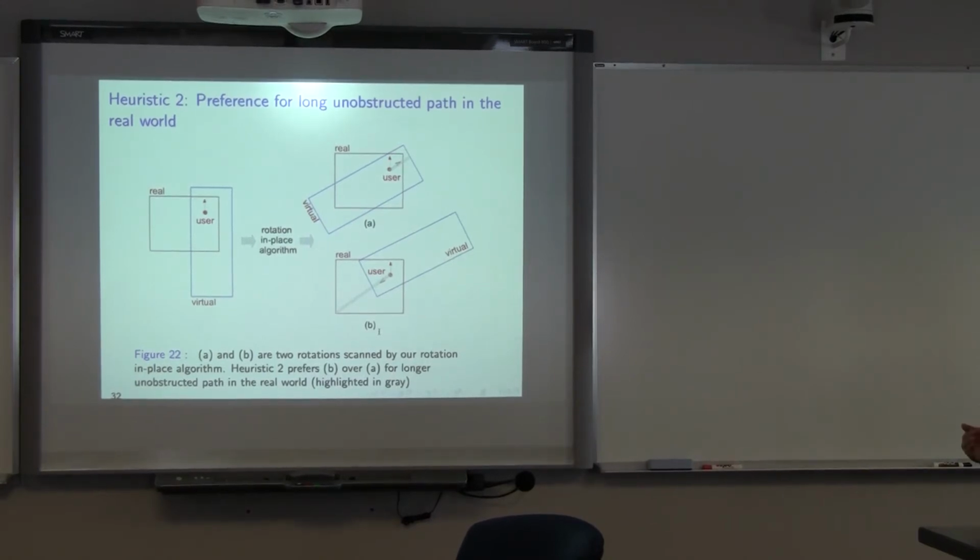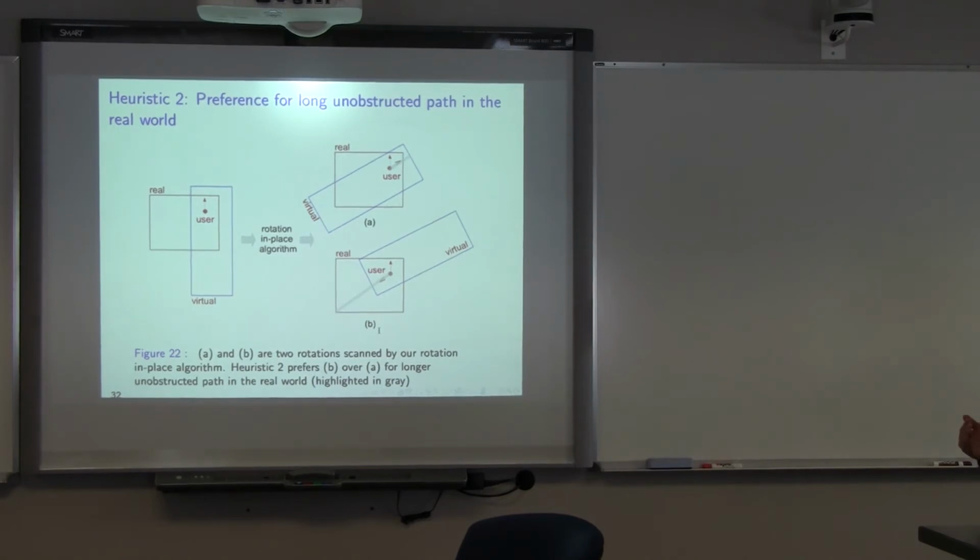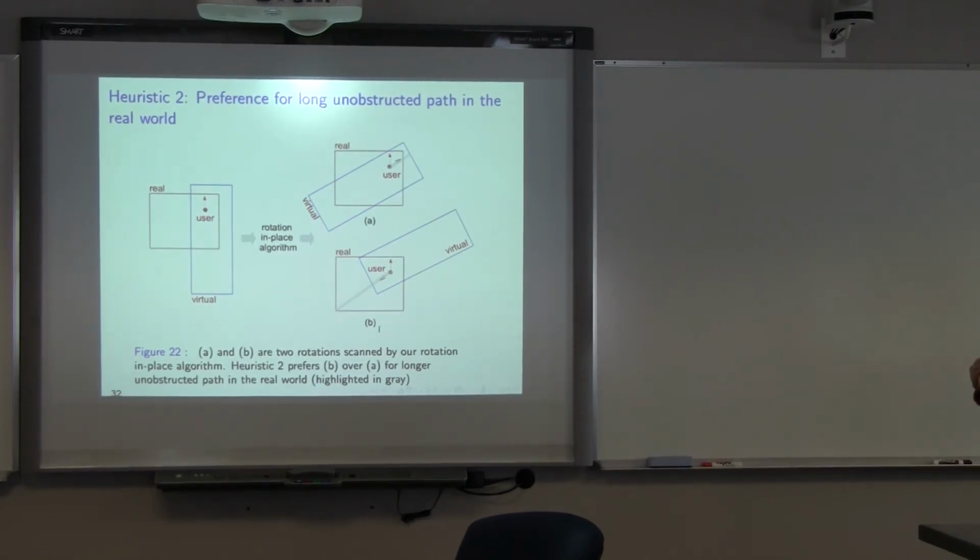When the user navigates in the virtual world, we think most of the time he continues his current walk direction, except when something is standing in his way or he changes his target.